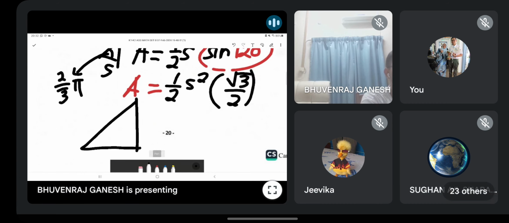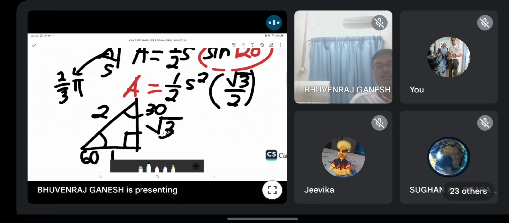You have this triangle, 90, 60, 30. Okay, this is one type of triangle. Satu jenis segitiga. Okay, so now basically you have to memorize the ratio. Kamu kena tahu nisbah dia. So the nisbah is 2, root 3, and 1. Okay, this is the ratio of the triangle.